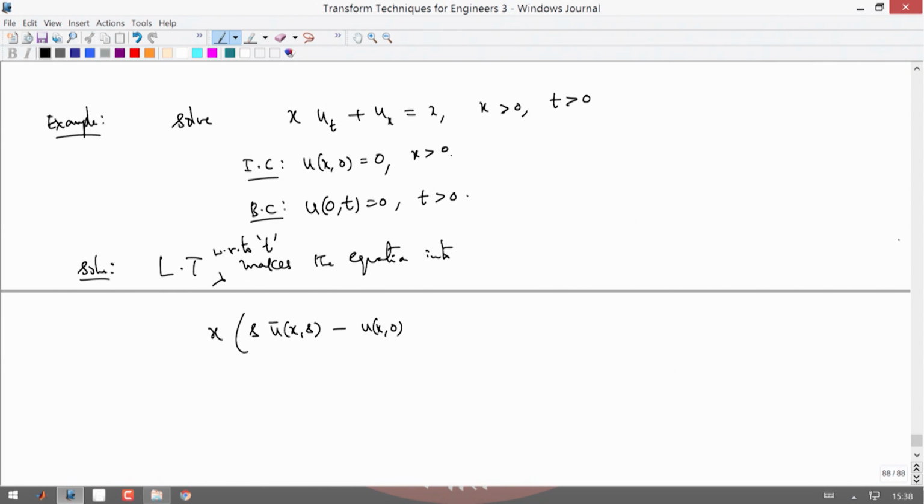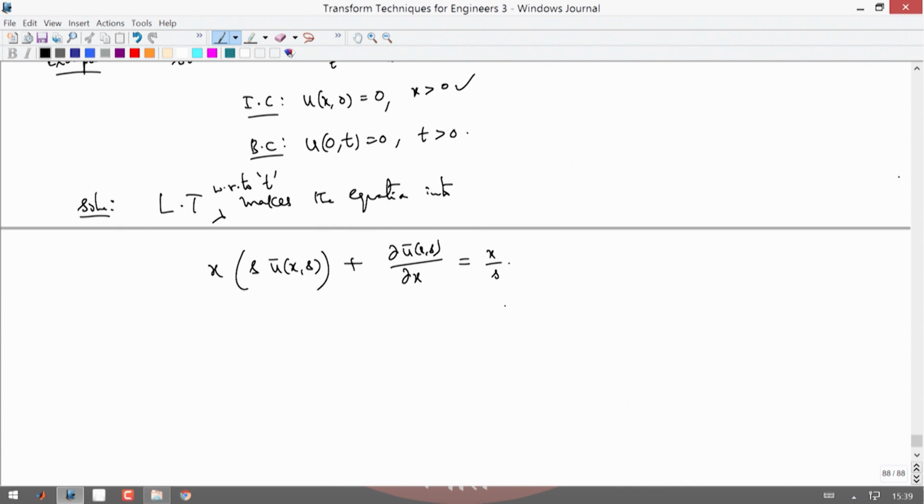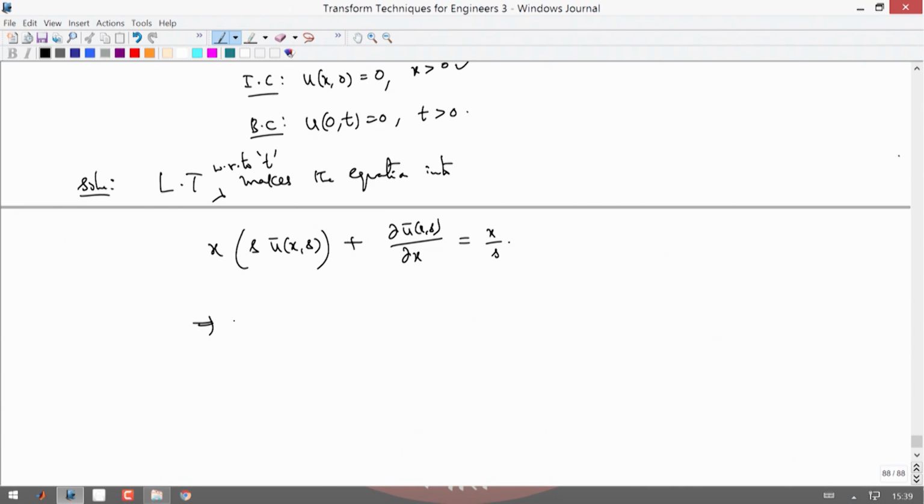So, I have this plus d dx of u bar of x s, equal to, again, x by s, because the Laplace transform of 1 is 1 by s. So, you get dou u bar by dou x plus x s u bar equal to x by s.